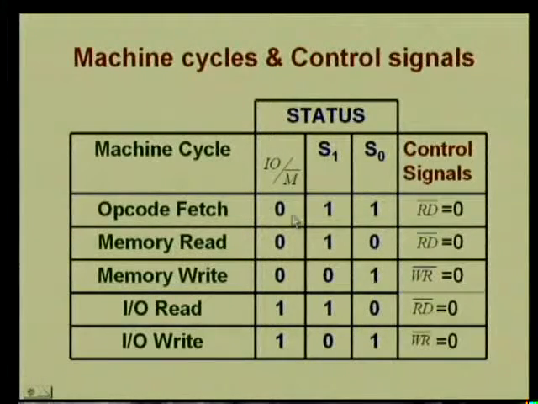So these three correspond to memory operations, and these two correspond to input/output operations. S1 = 1, S0 = 0 corresponds to a read operation, so these two are read operations. 0, 1 stands for a write operation, these two are write. Here this is memory read and this is opcode fetch. To discriminate whether data is being read from memory or an instruction opcode is being read from memory, S1, S0 will be 1, 1.